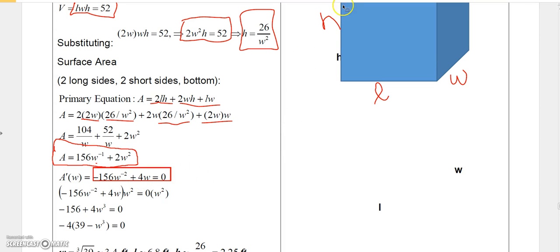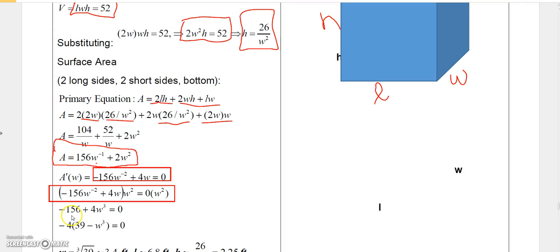And then I'm going to multiply everything here by W squared so that I can eliminate the W to the negative 2. So if I multiply this by W squared, it'll cancel the W to the negative 2 and give me minus 156. And multiply this by W squared, I'll just get 4 times W cubed, and then here I'll get 0.